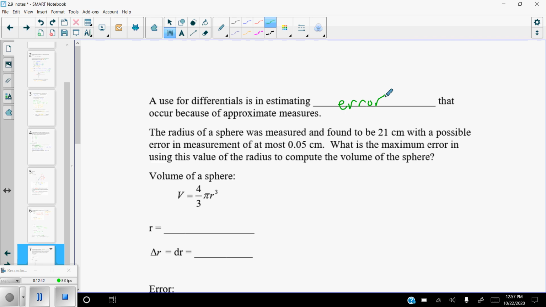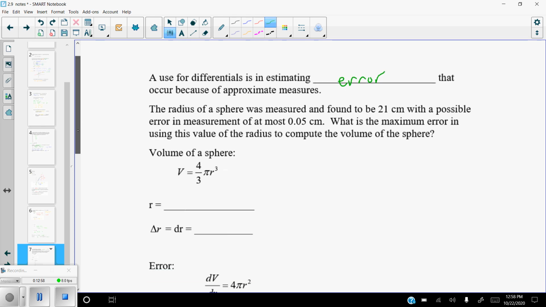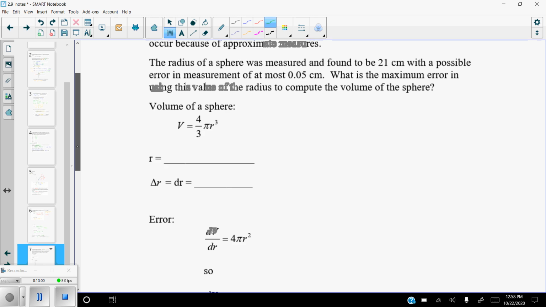They have to use some kind of mathematical, probably a lot of trig, to be honest with you, to measure heights of mountains and widths and girths of mountains. Same general idea. So when you're making those measurements, you're going to have error. That's where differentials can be a big help.